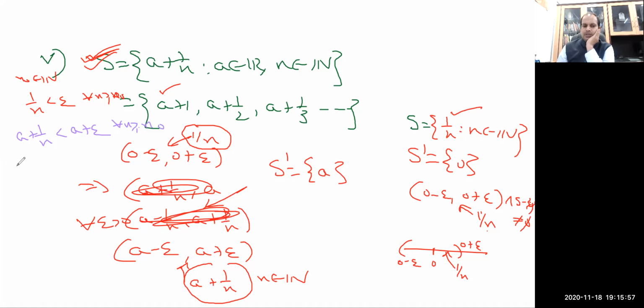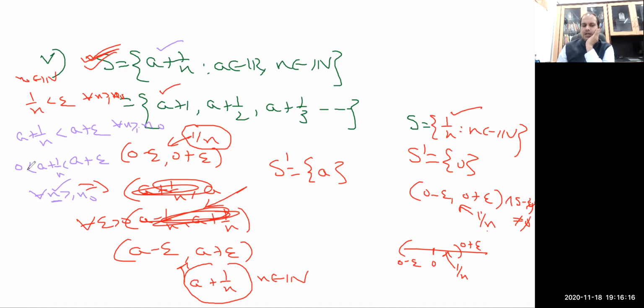This means that in every neighborhood of a, that is between a and a plus epsilon, we have members of the type a plus 1 by n from this set for infinitely many values of n. In fact, countably infinitely many values of n greater than or equal to n naught.